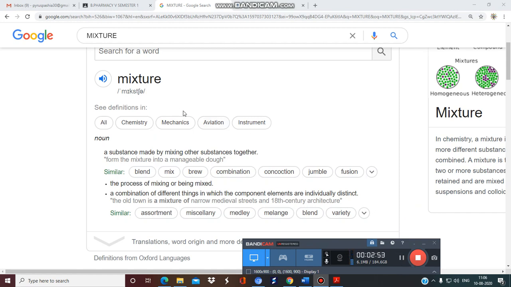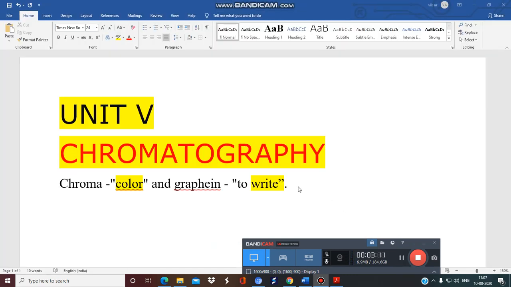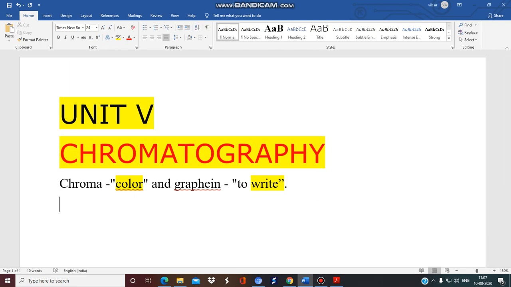And in the case of phytochemistry, because our main subject is phytochemistry, we will focus on the mixture of plant extracts. We will use the word extract, and extracts are only prepared by the procedure of extraction. So always remember one thing: with the help of chromatography we can identify a compound.